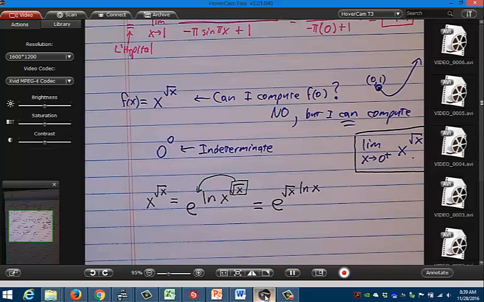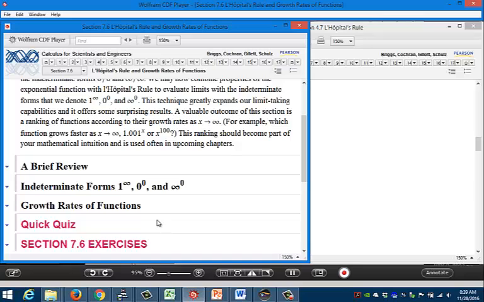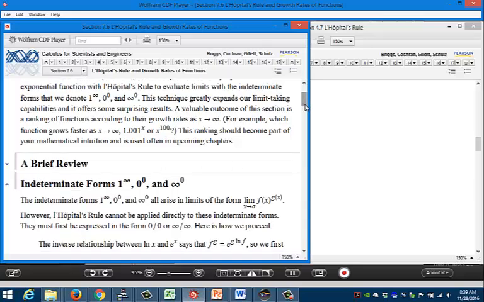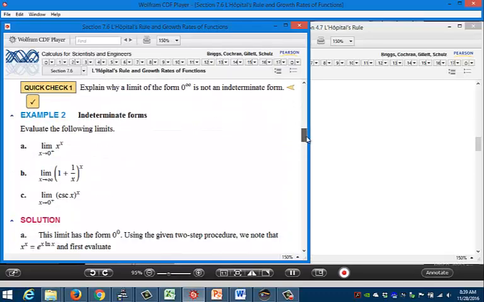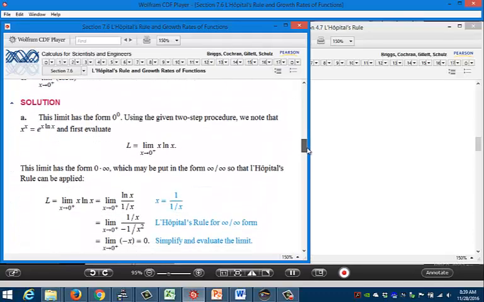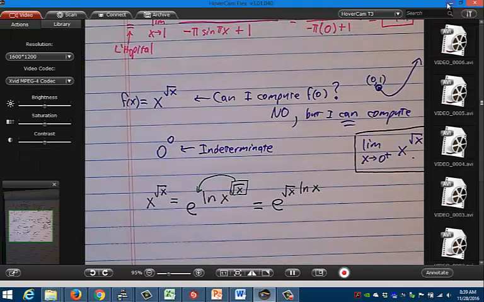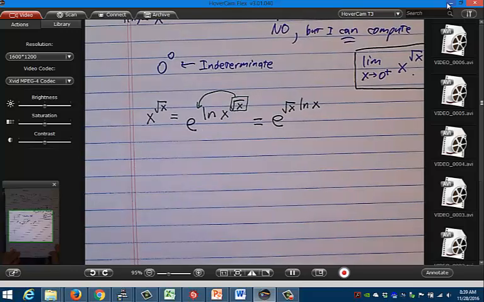So this is what I have so far. And you'll notice in the book, they're doing the same kind of trick with some of the other problems. And now the trick is, the idea is this.